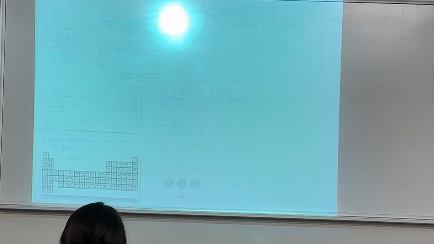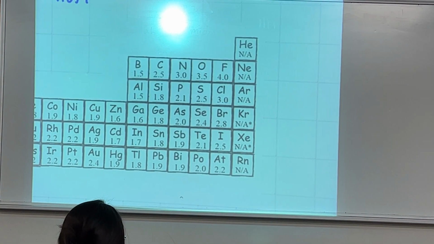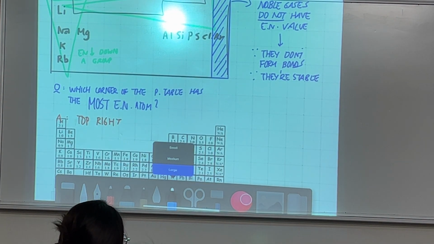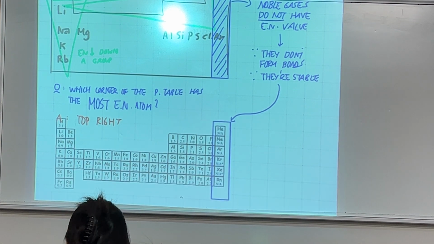This is the Pauling's electronegativity scale. Can you see that? What do you see when you look at the right hand column? Not applicable. They do not have electronegativity like we saw, okay? So don't be too surprised when you see that they have no value. Why is that? Now you know, they don't form bonds.